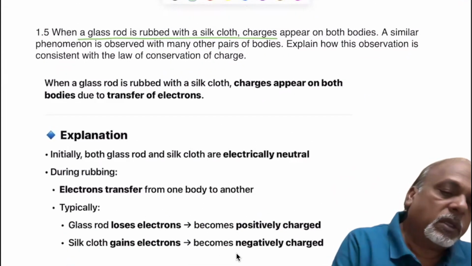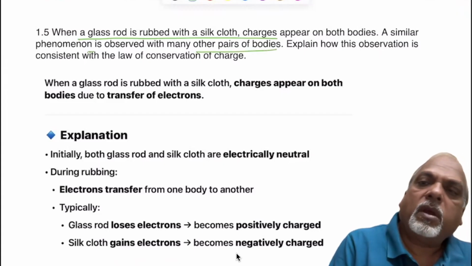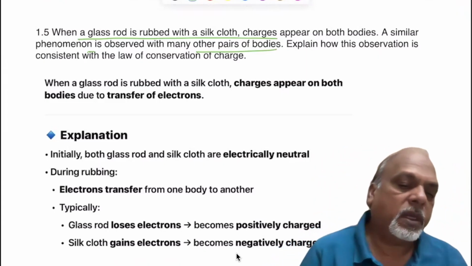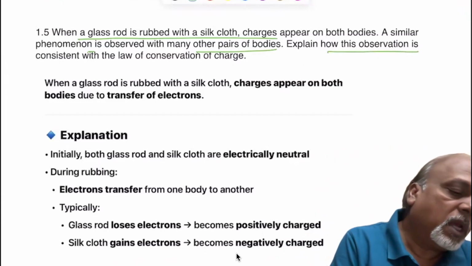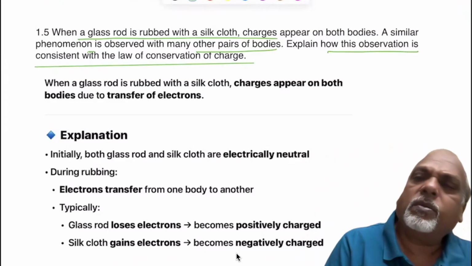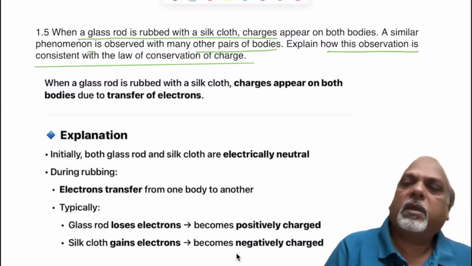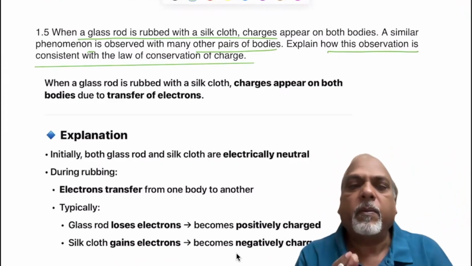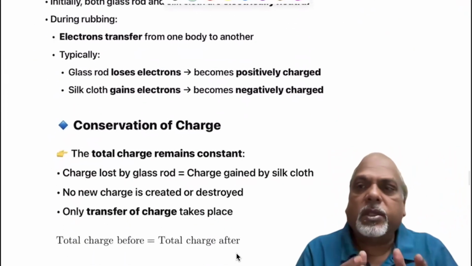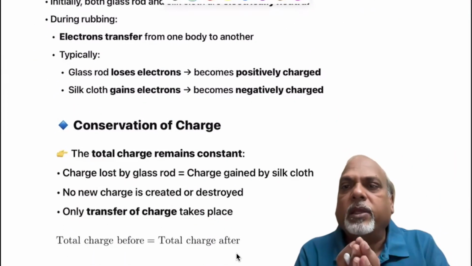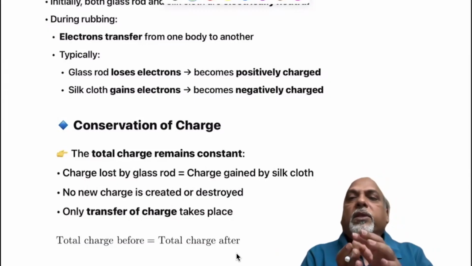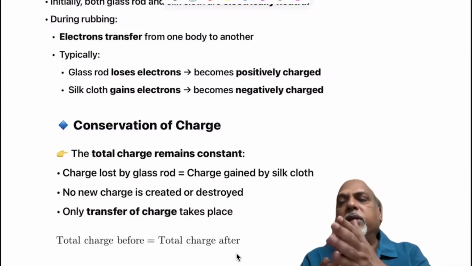Here the question is, a similar phenomenon is observed with many other pairs of bodies, like an ebonite rod rubbed with fur. Explain how this observation is consistent with the law of conservation of charge. Of course, because charge is not going anywhere. If you consider the glass rod and silk as an isolated system, earlier the glass rod was neutral and silk was neutral.